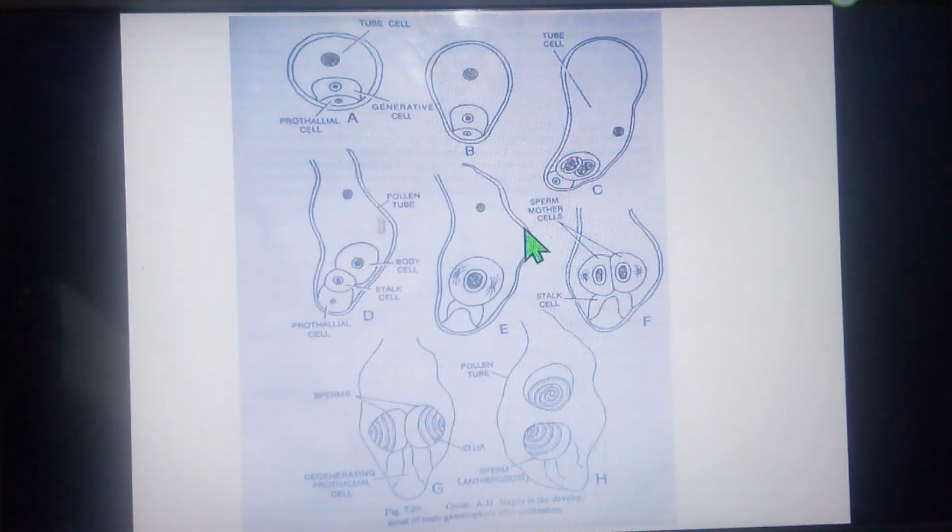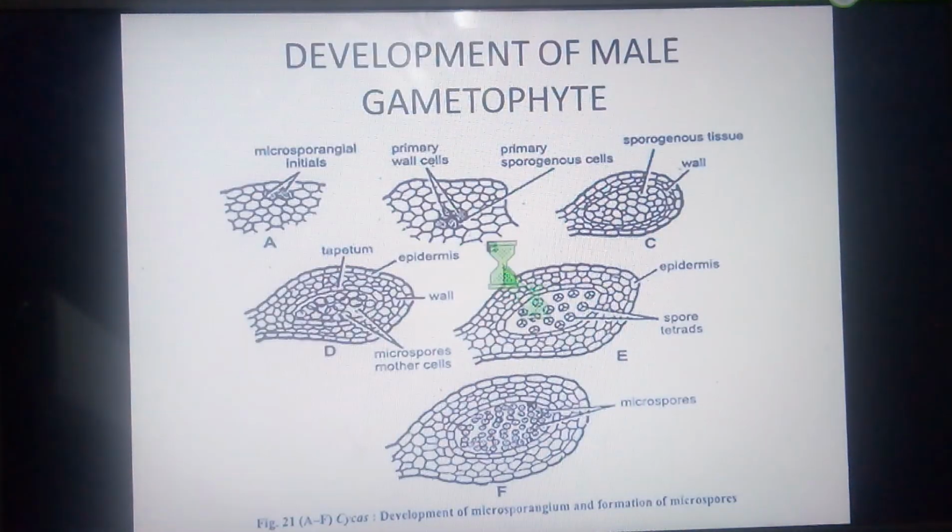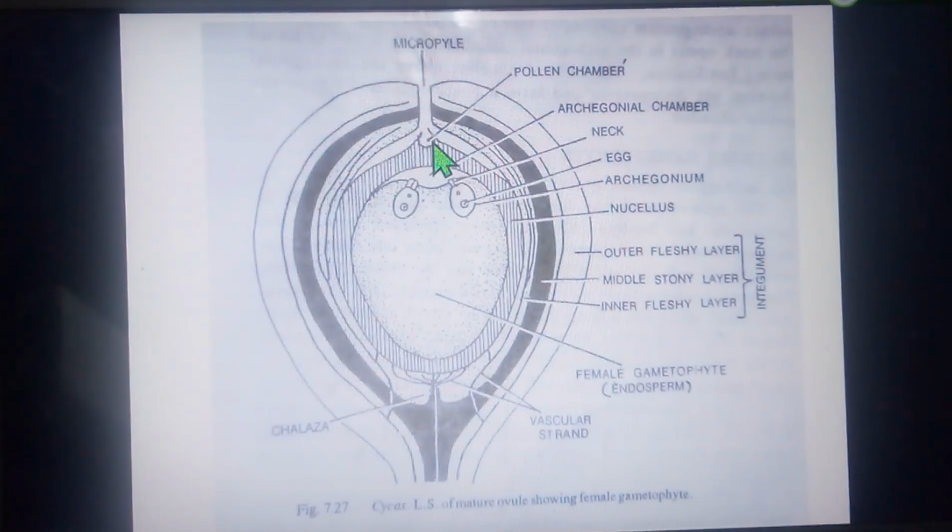And also here the pollen tube will grow downward through the nucellus, digesting and breaking down the tissues of the floor of the pollen chamber, serving as a nutritive haustorium. Here you can see the pollen chamber.